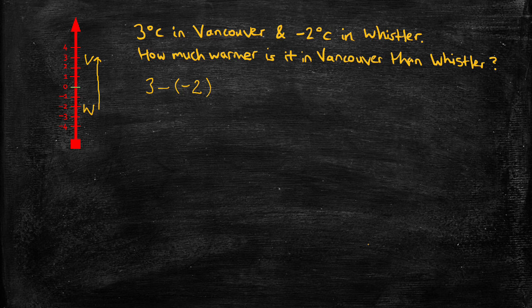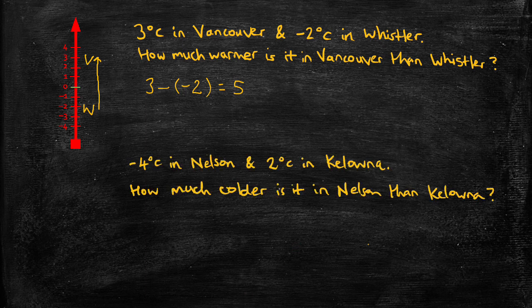We're looking at the difference between 3 and -2. And we can see from our thermometer that we would increase 5 degrees. So this is equal to 5 degrees.